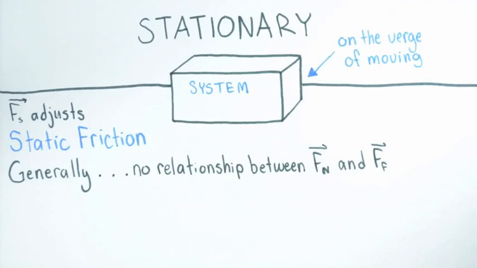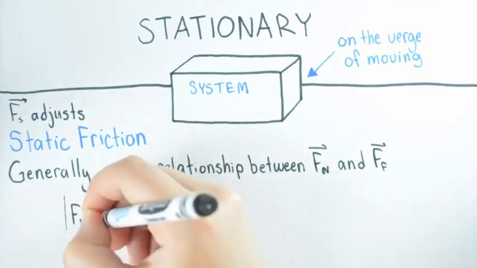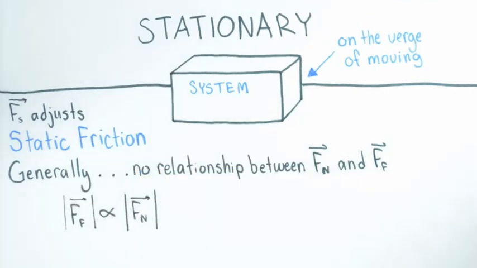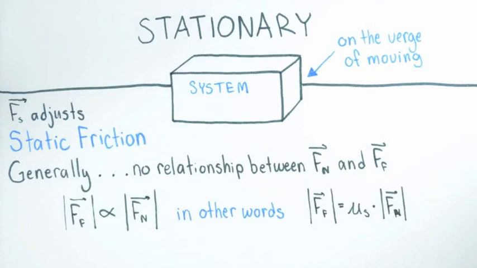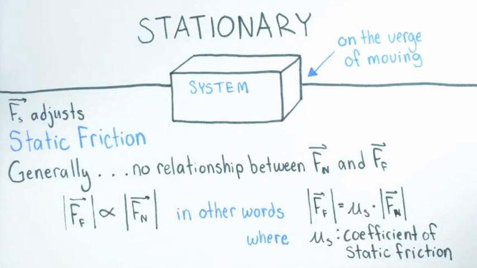Then, and only then, we can use another model that is approximately true in a number of cases where the magnitude of the static friction is proportional to the magnitude of the normal force. Or in other words, the magnitude of the static friction is equal to a constant, which we call mu sub s, times the magnitude of the normal force. Here, mu sub s is called the coefficient of static friction, and it's a constant that depends on the properties of both the system and the solid in contact with the system.